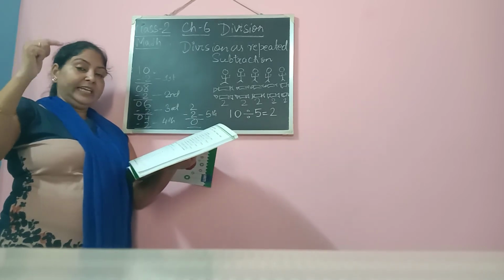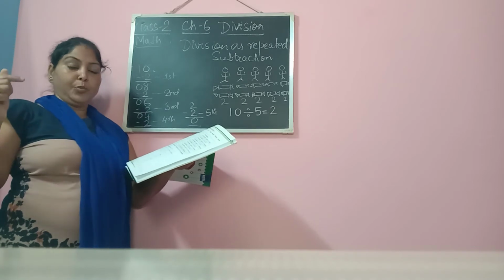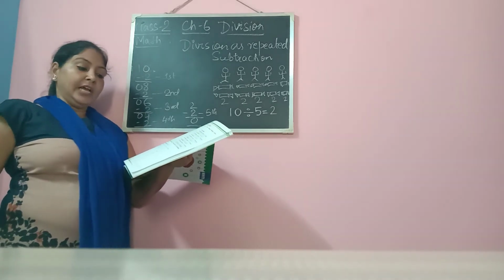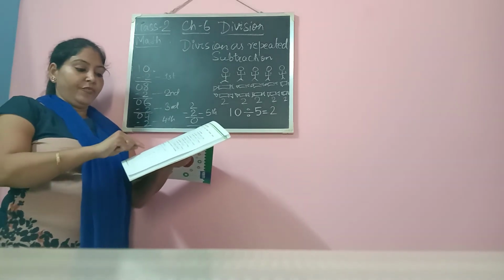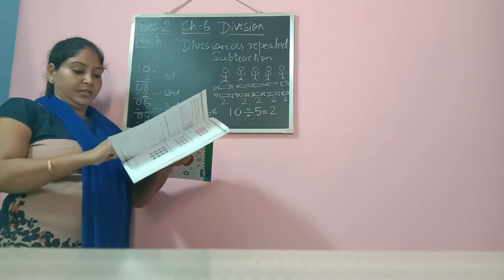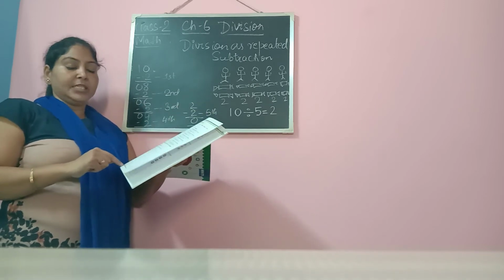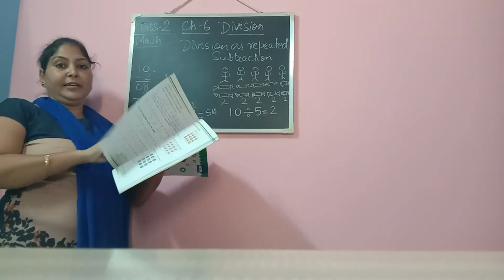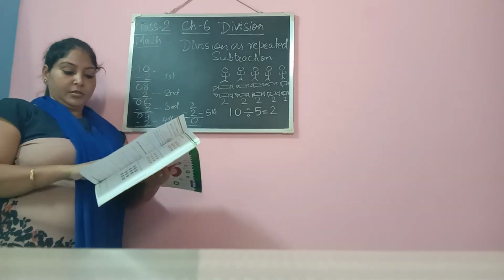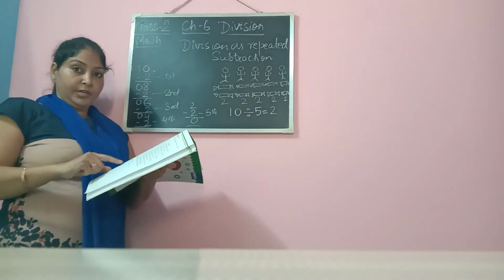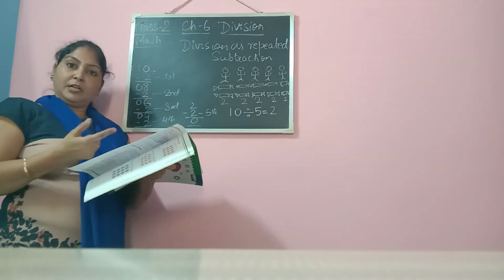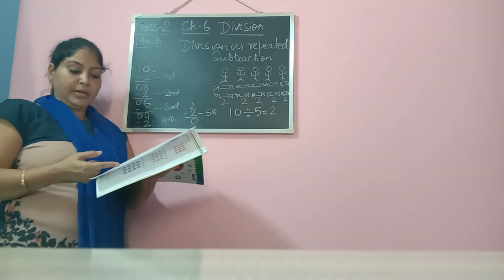When you divide 12 by 3, you see how many times it is being subtracted: first, second, third, fourth. So 4 times. That means every child is going to get 4.